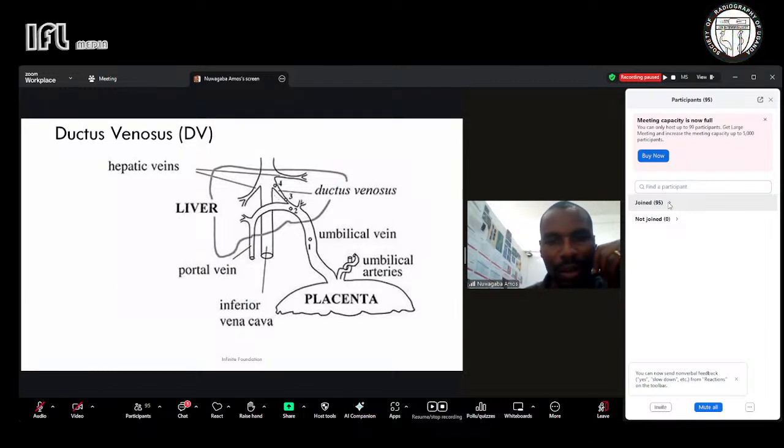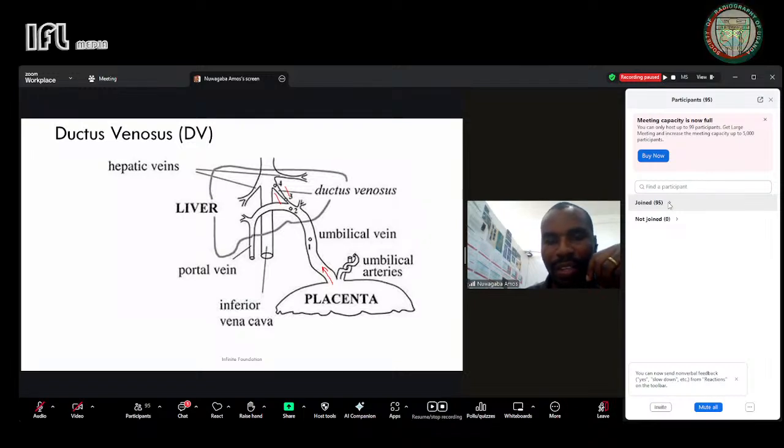This is just a recap of what we saw earlier. We earlier talked about the shunts, and we have already gone through the fetal circulation, where oxygenated blood from the placenta flows towards the fetus through the umbilical vein.